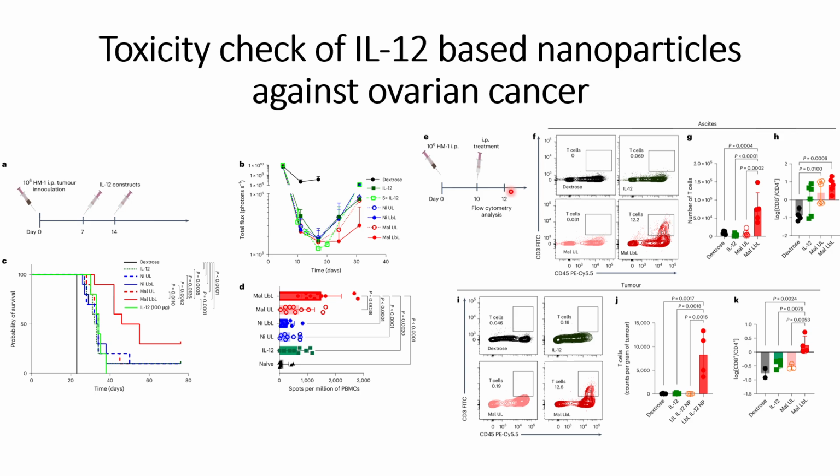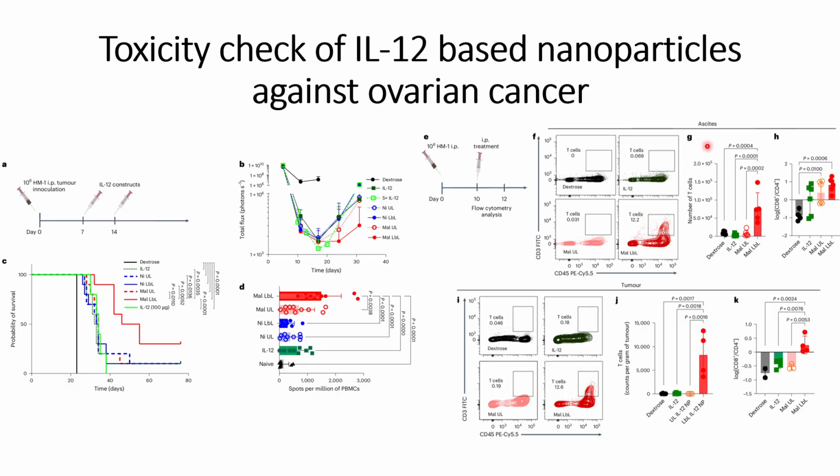They check many different immune cells. However, the significant difference has been identified in the T cells, where they see more CD8 and CD4 positive T cells in the case of Mal-Lbl, whereas in the other cases this rise is not high.